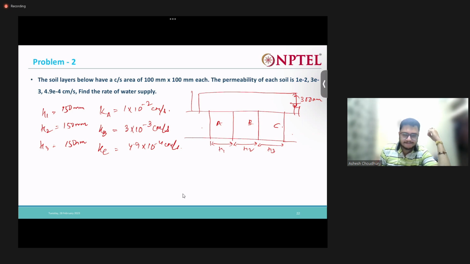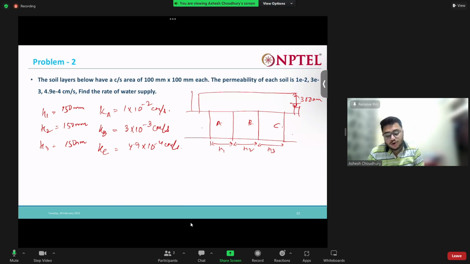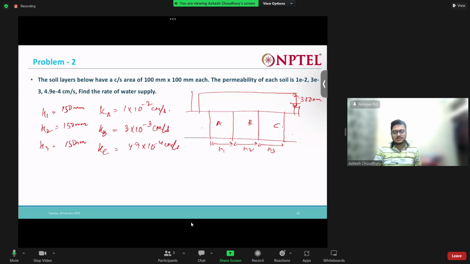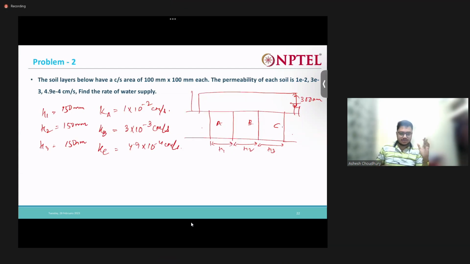See, in the horizontal case, the head loss along all the layers is the same, but the flow along each layer is different. If you see here, it seems like it's horizontal, but it's actually vertical, right?